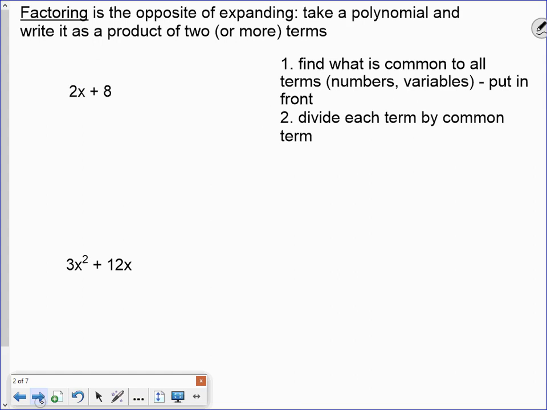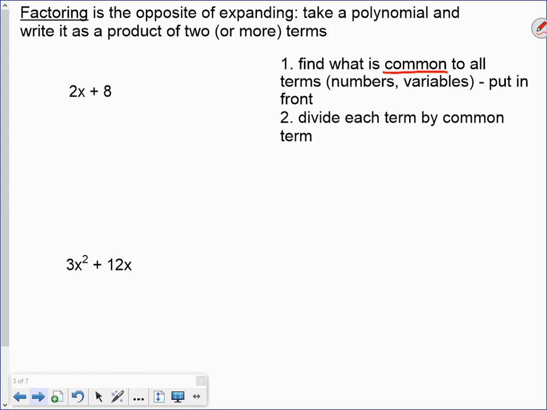What we want to do in factoring is the opposite of what we were just doing in expanding. We are going to start with a polynomial, and we want to write it as a product of two or more terms. So let's look at an easy example first, 2x plus 8. We want to first figure out what is common to all of the terms in our polynomial.